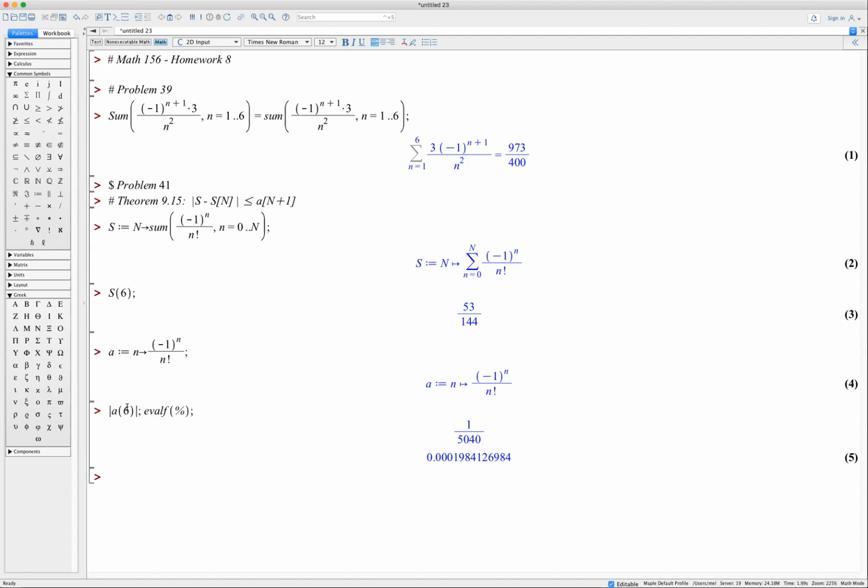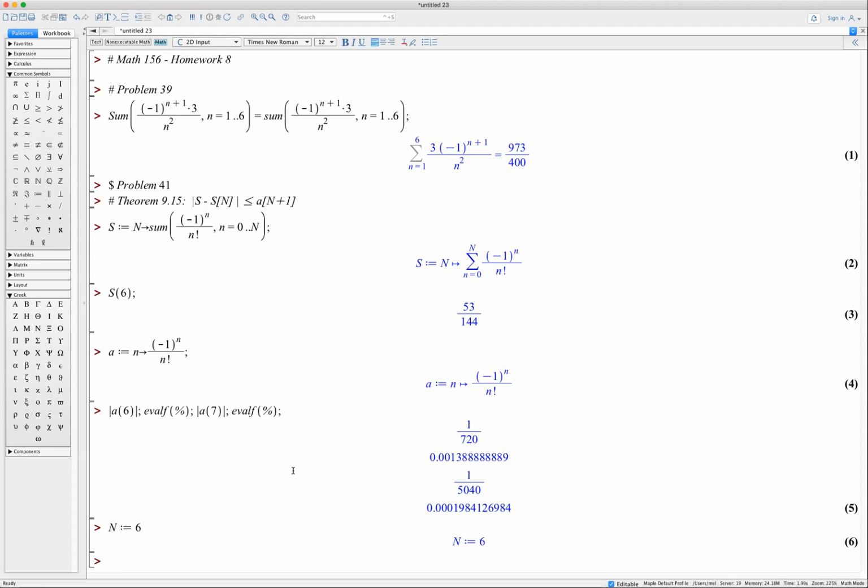Let me just double check. So the 6th term of the series is bigger than 0.001, but the 7th term is less than 0.001. So I can choose n equal to 6.